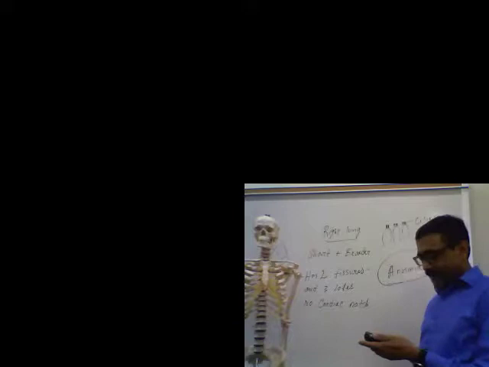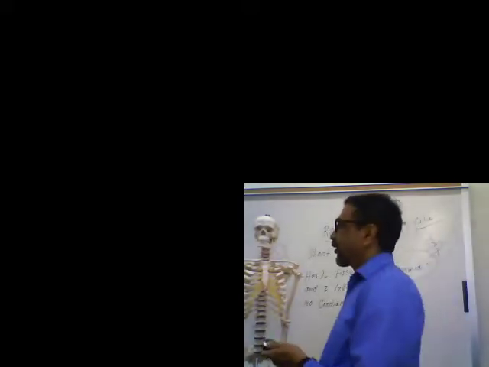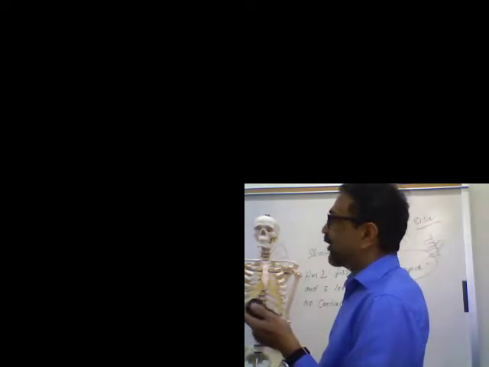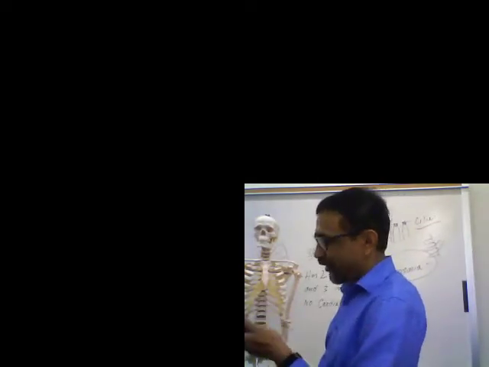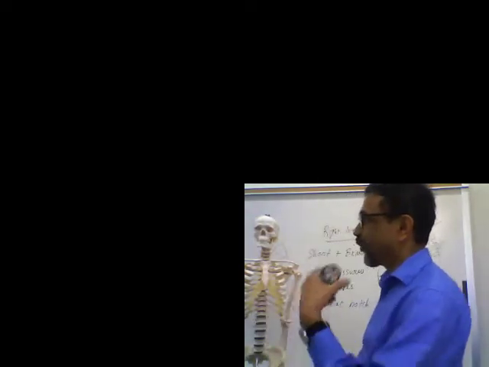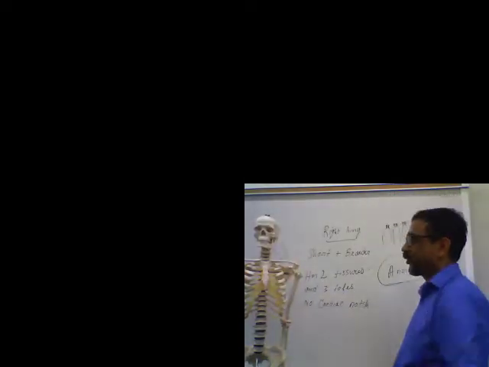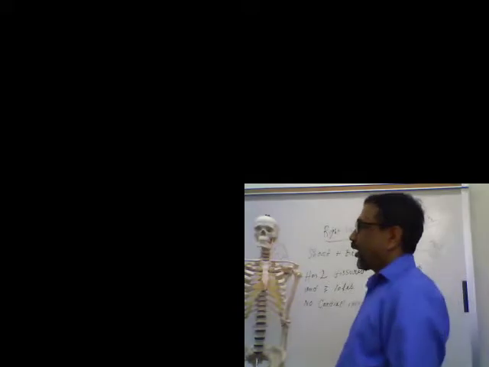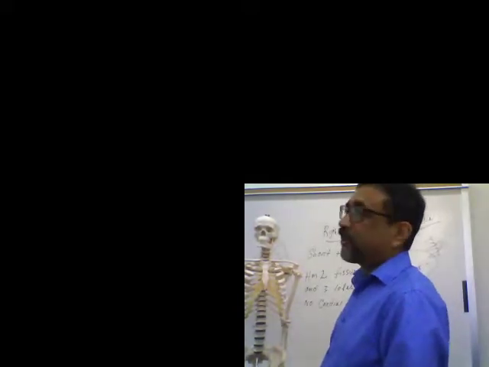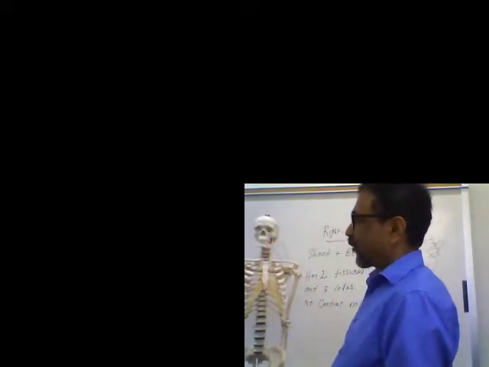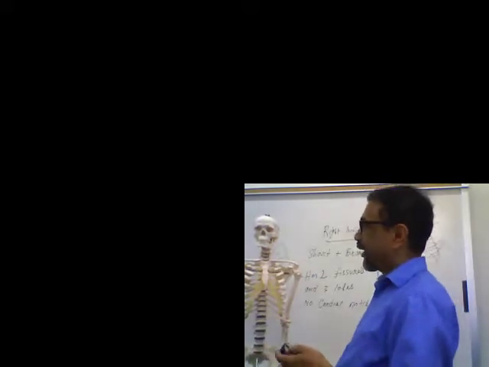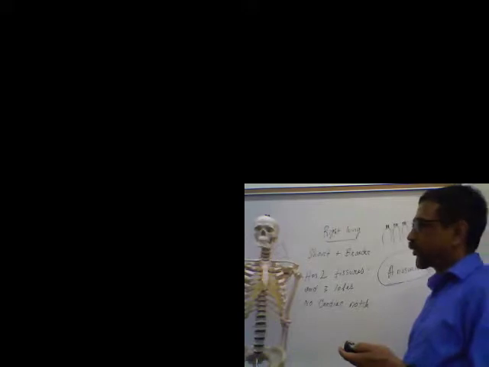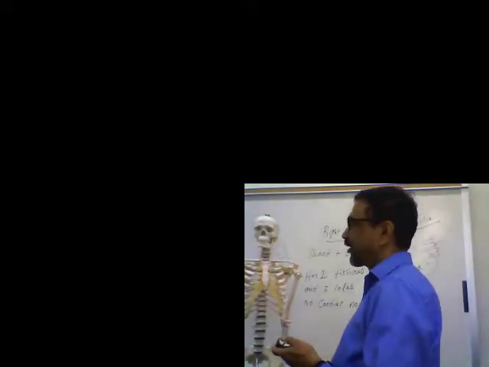Nasopharynx is posterior to the nasal cavity that I have mentioned. Lining is again pseudostratified ciliated columnar. I have mentioned the upper respiratory tract as pseudostratified ciliated. The pharyngeal tonsil, which is also called adenoids or adenoid tonsil, is attached to the posterior wall of the nasopharynx.